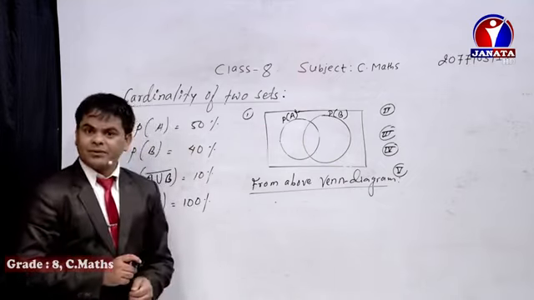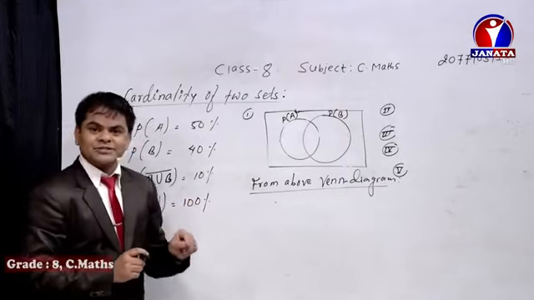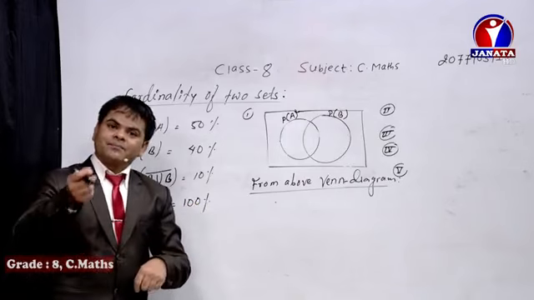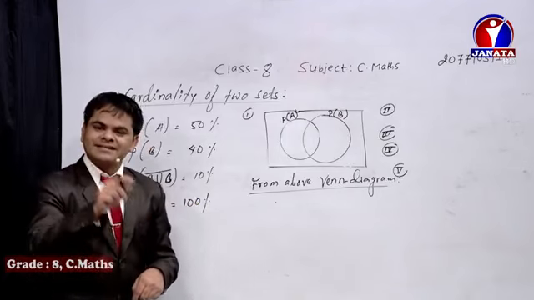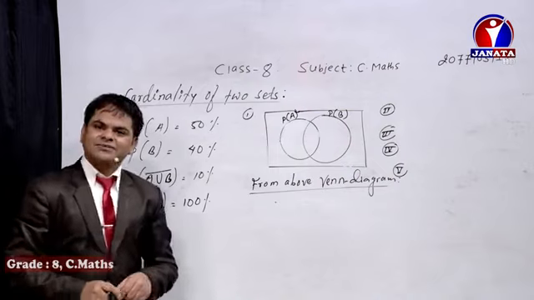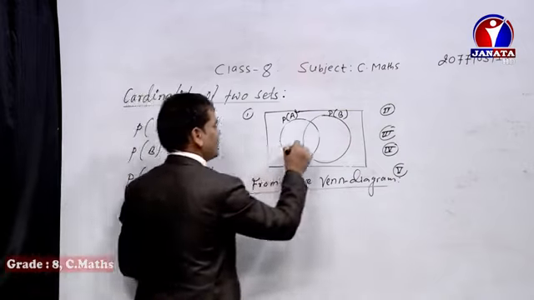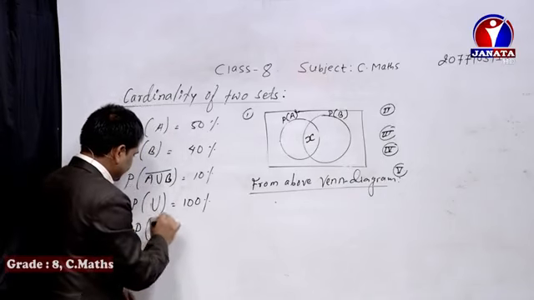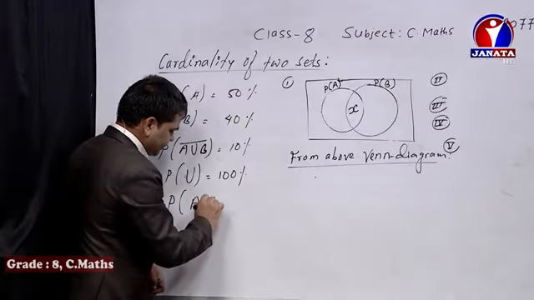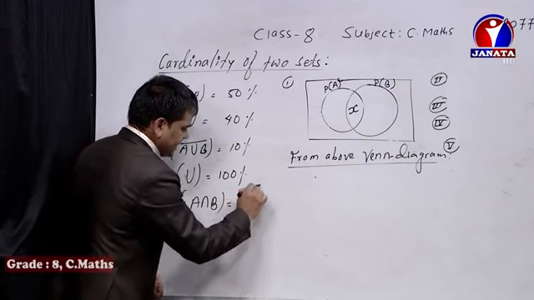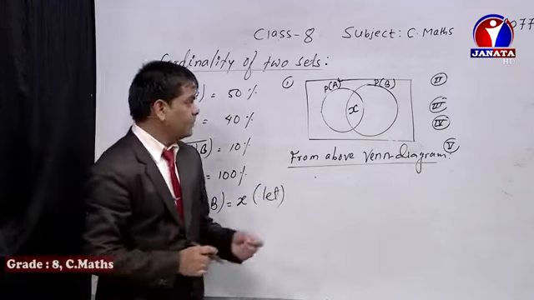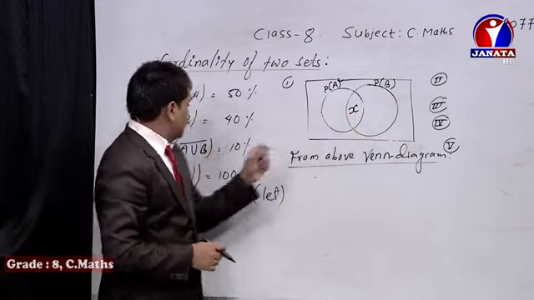No. At that time, dear students, at any cost we need to keep an intersected value. So if it is not given, you can suppose either x, y or z. So you can keep here x, let. That means I'm going to suppose the percentage of A intersection B is x, let. This is supposing.